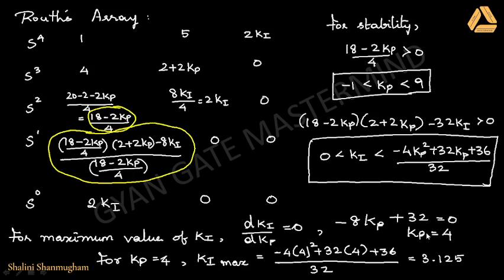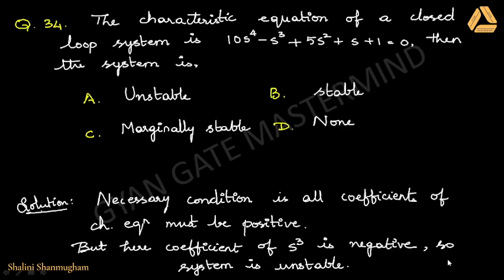This is the value, Kp equal to 4. Then substitute Kp equal to 4 in this equation, and you can find the maximum value of Ki. So that is 3.125.